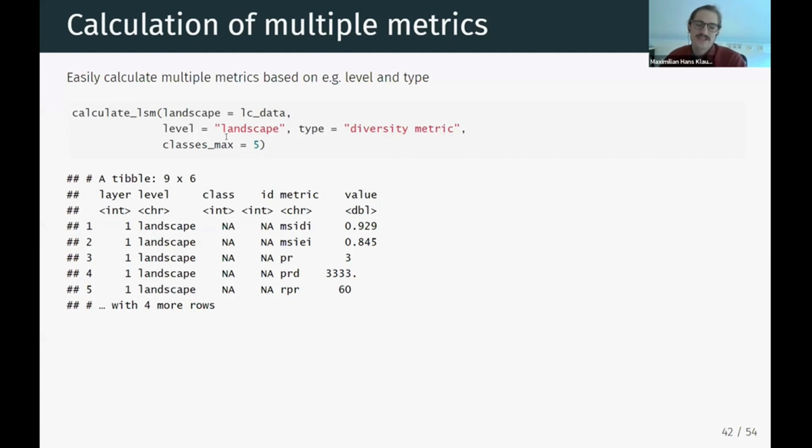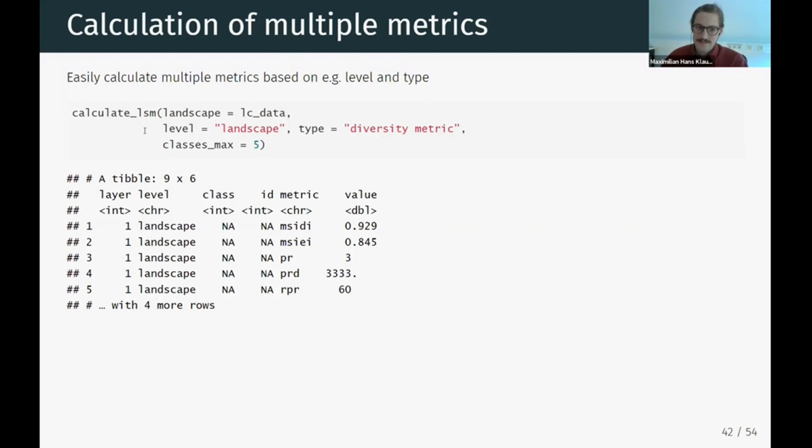For example, there's the calculate_lsm function, and this function allows us to quite easily calculate a few metrics at the same time. In this example here, we have again the tie example, and we just need to provide the tie example again as the input. And here, we now specify that we want all metrics that are on the landscape level, but we just want, for example, all diversity metrics.